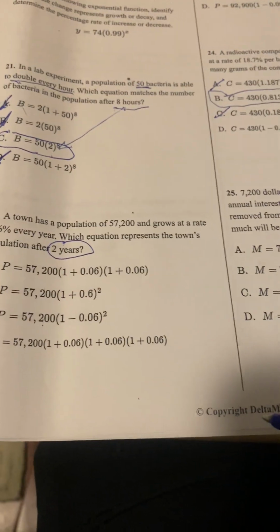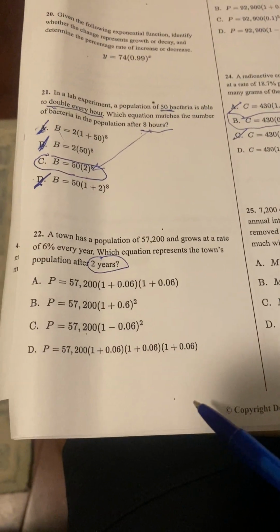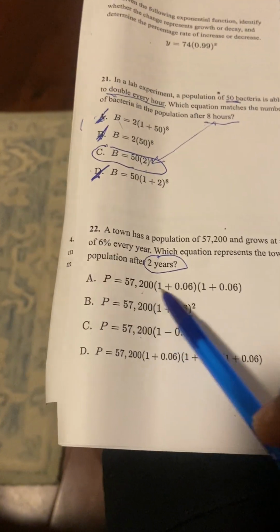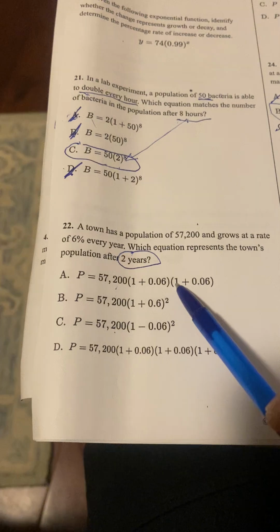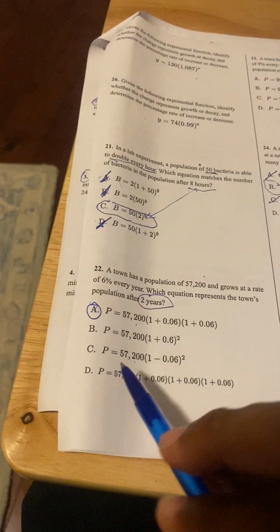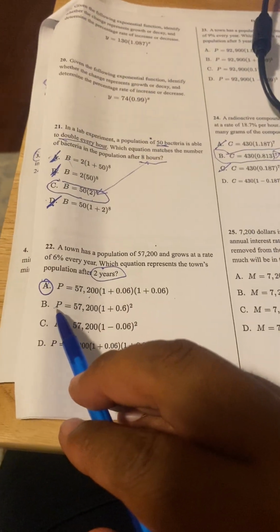Where is that happening? Right off the bat, A, 1 plus 0.06, that's cool. It multiplies twice. A is correct.